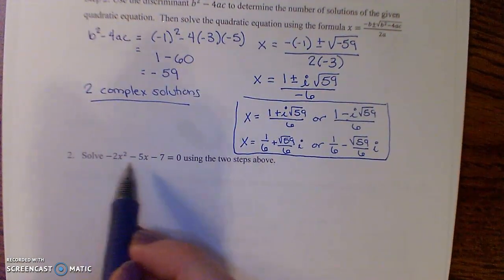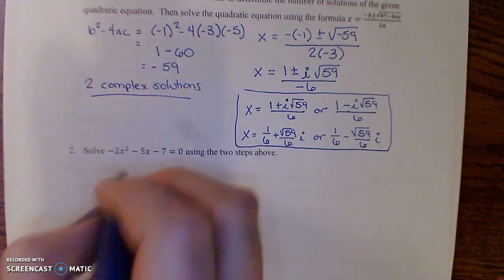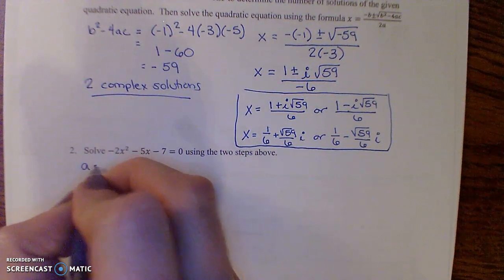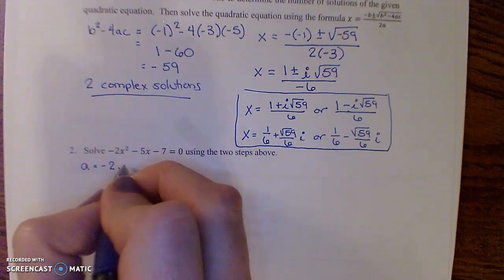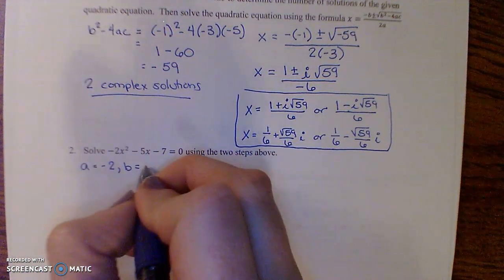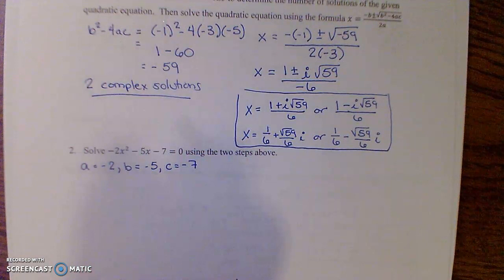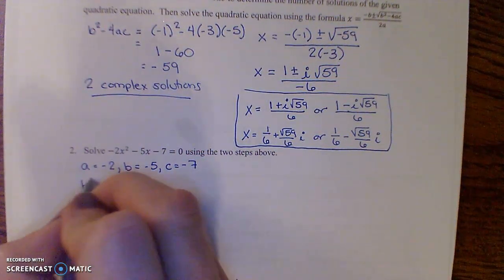-2x squared minus 5x minus 7 equals 0, using all of these steps. So first step is to identify that a is -2, b is -5, c is -7. And let's calculate that discriminant first.